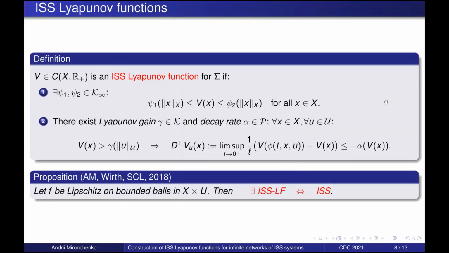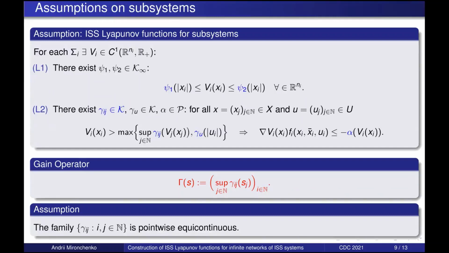So Lyapunov functions are a great tool to study ISS, but it is not easy to construct them. And if we have an infinite network, then it is even harder. So therefore, what are we going to do? We assume that all components are input-to-state stable, and we know Lyapunov functions for all components. So we have infinitely many functions Vi, which satisfy sandwich estimates.